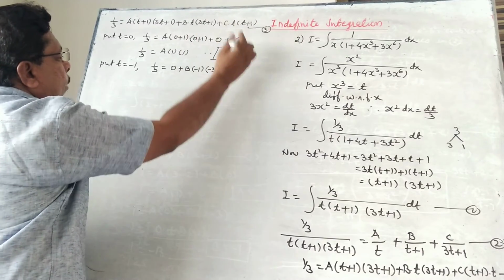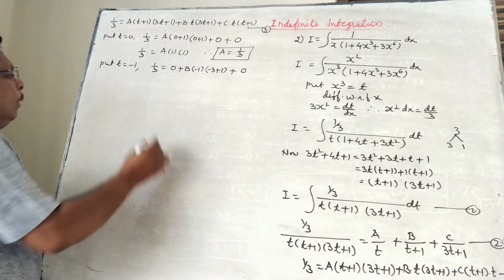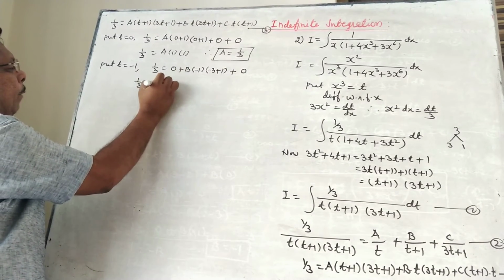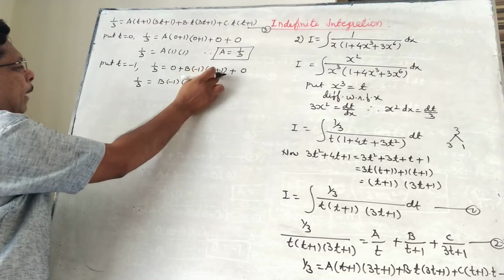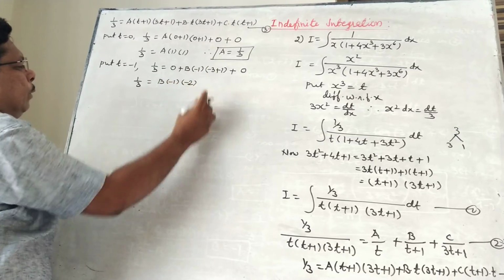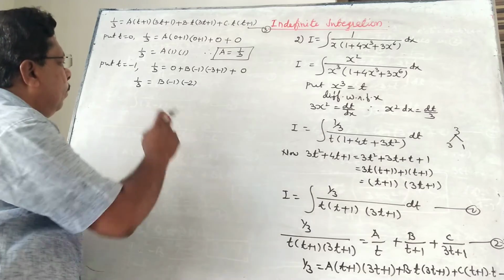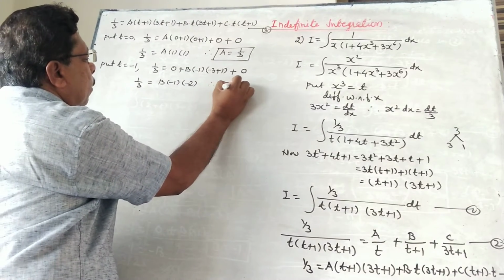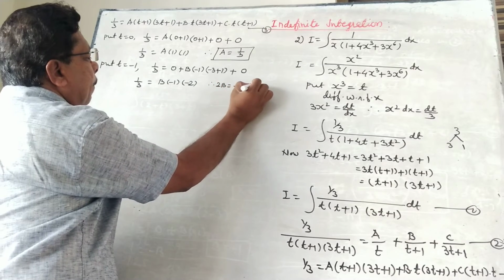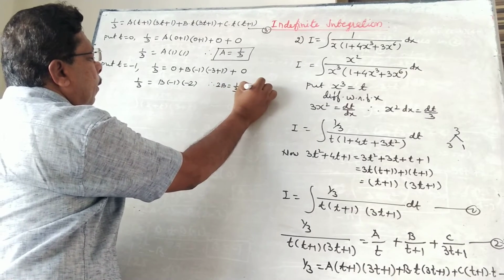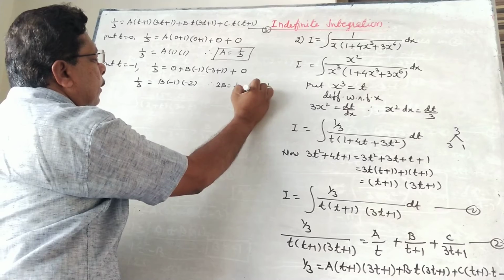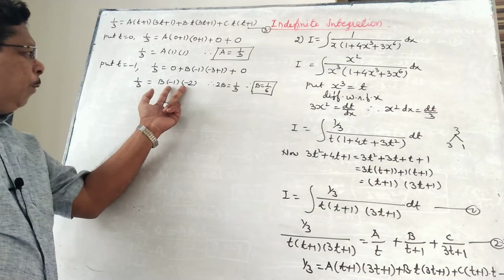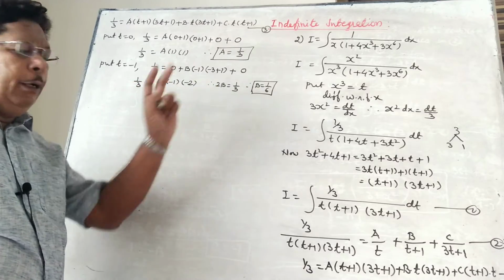Here t is 0 in the last term, so it is 0. So 1 by 3 is equal to b into minus 1 into minus 2. Minus 2 into minus 1 is 2, so 2b equal to 1 by 3. Product of two negative numbers is positive. Therefore b equal to 1 by 6.